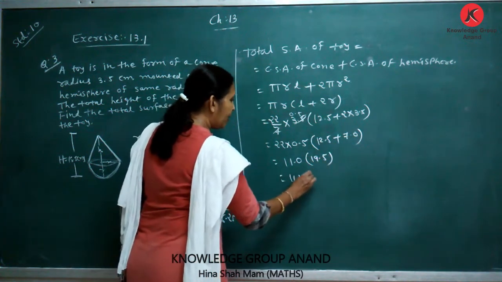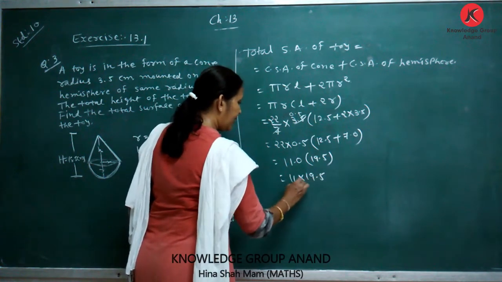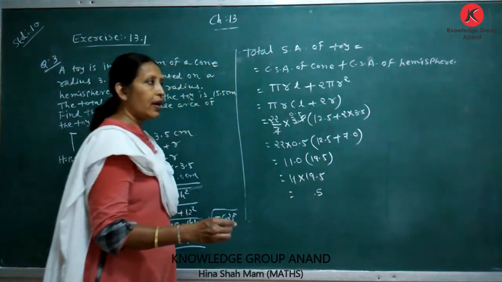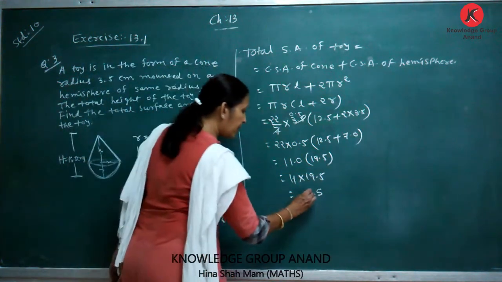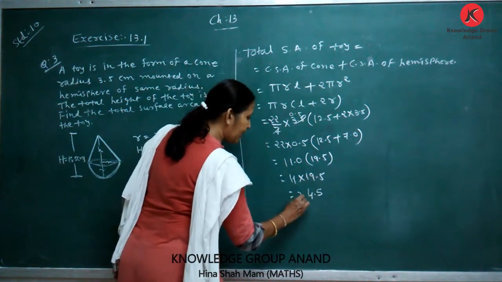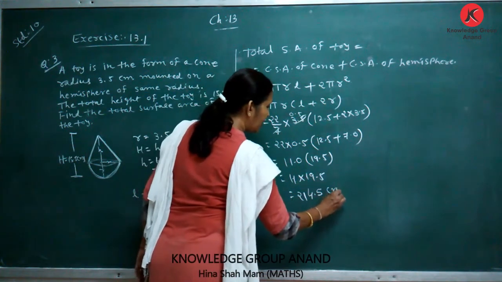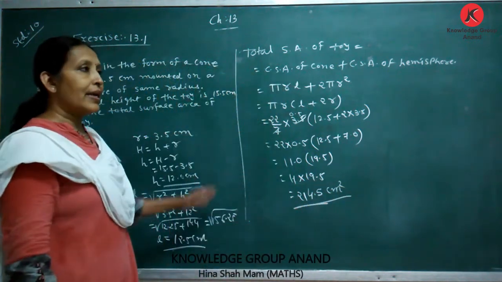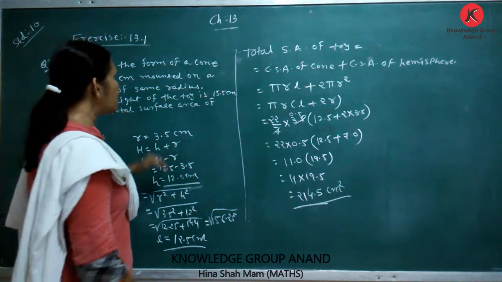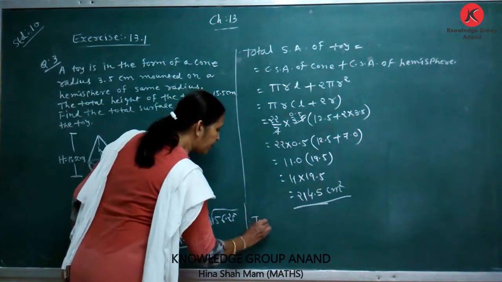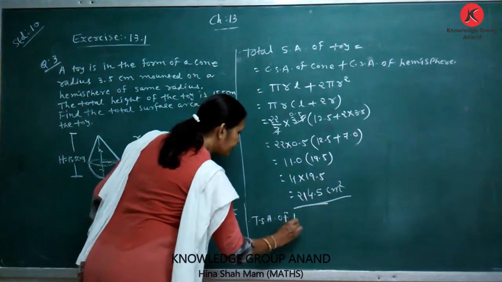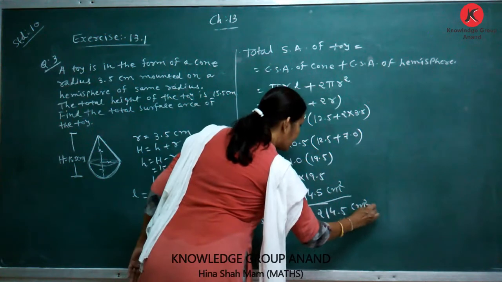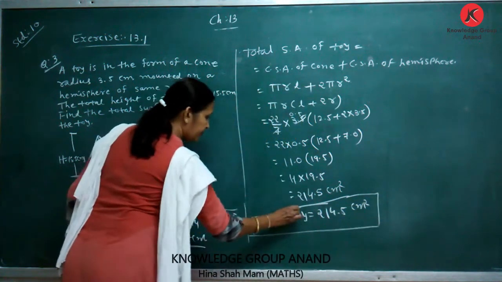Then multiply 11 into 19.5. 11 fives are 55, 11 nines are 99 and 5 is 104, 11 ones are 11 and 10 makes 214.5 centimeter square. Then we say that the total surface area of the toy is equal to 214.5 centimeter square.